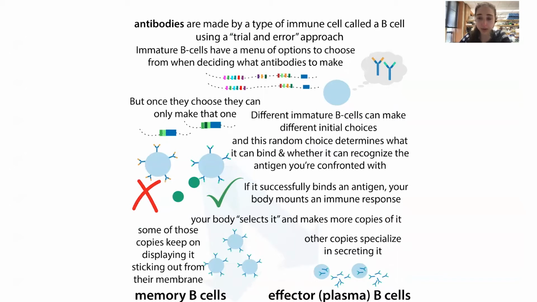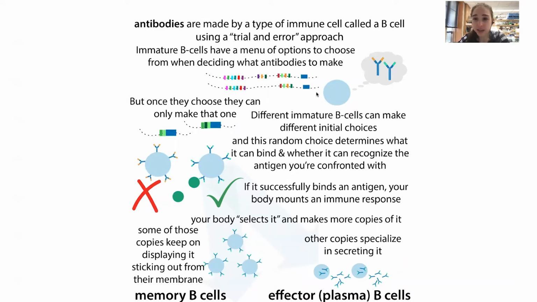In the body of animals, you have these B cells. This is a type of immune cell, and they have the instructions for making these antibodies, and they edit the instructions. Individual B cells are making random choices in how they're editing the DNA, editing the genes that have the instructions for these antibodies.